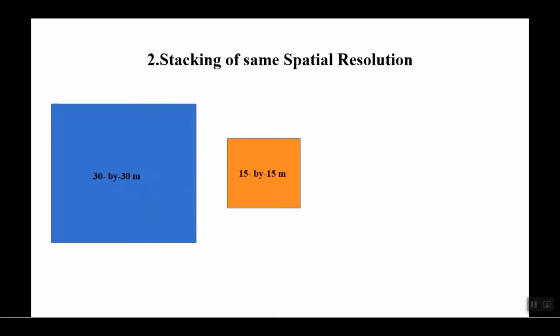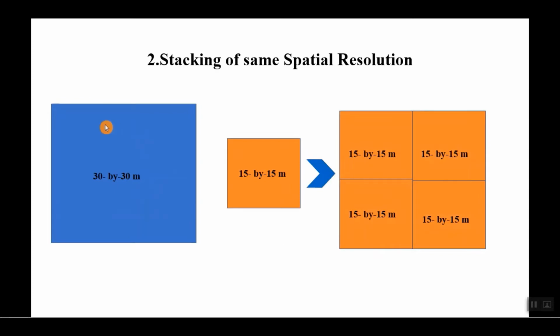It means that this pixel will be converted into 4 small pixels of 15 by 15 meters. The 30 meter pixel is divided into 4 pixels of 15 meters with the same radiometric value.